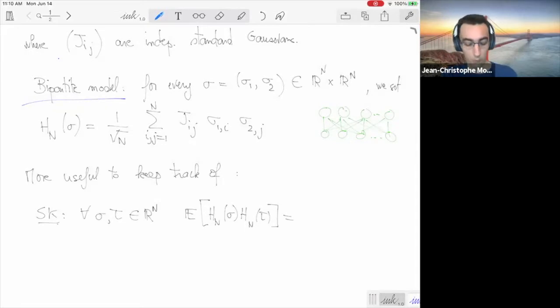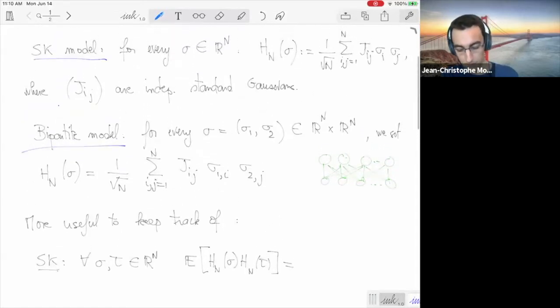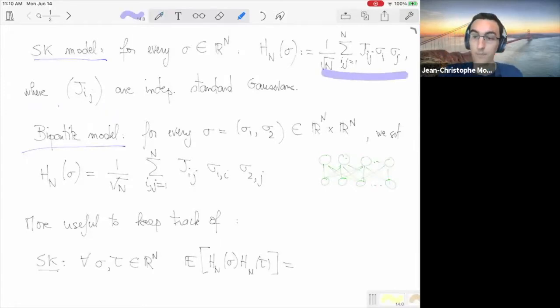And so, if we think about doing this calculation, it's this thing that is being multiplied by that same thing evaluated at tau instead of sigma. And the J_ij's are independent and they are centered.